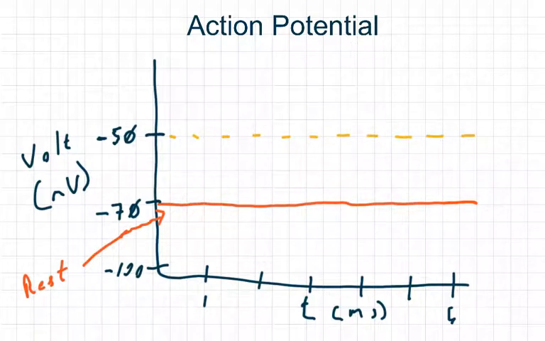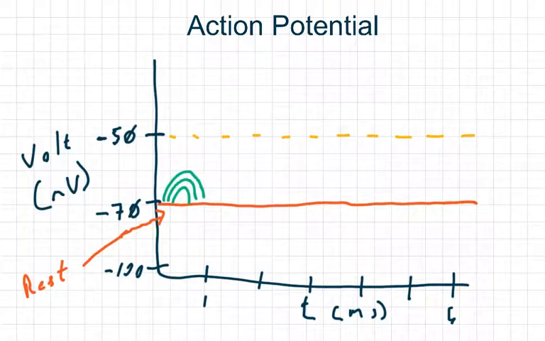So what we mean by that is if the neuron becomes excited, right, it gets an outside stimulus. And we'll show this here in green for right now.